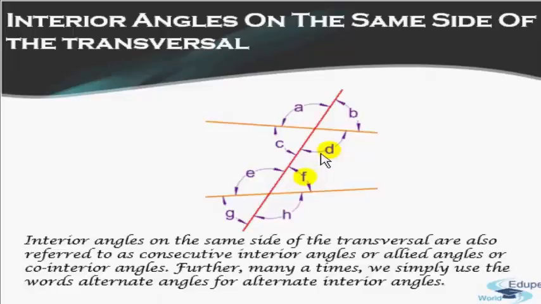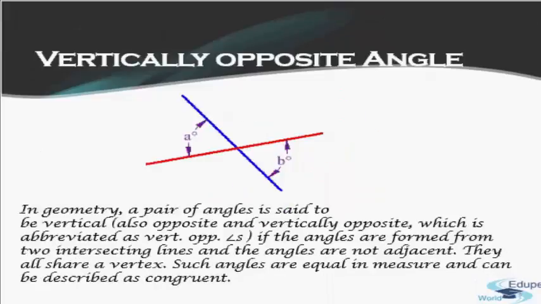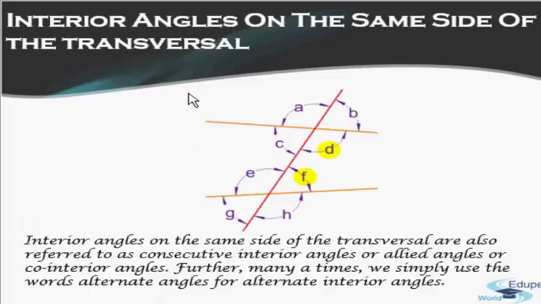Another thing that we know is that opposite angles that we studied over here, which we call vertically opposite angles, are equal. So we know that A over here and D over here are equal, which basically means that if A is 110, then D is also 110. Another way to do that is, if A is 110, then B would be 70. Why is that? Because it is on a straight line.